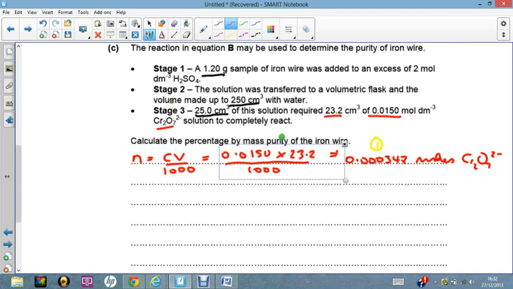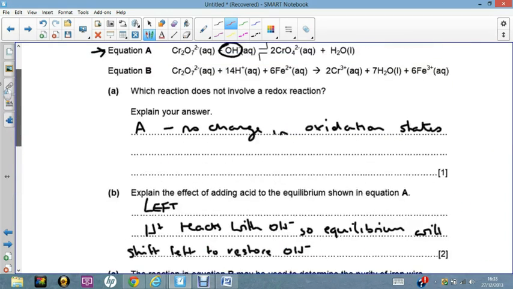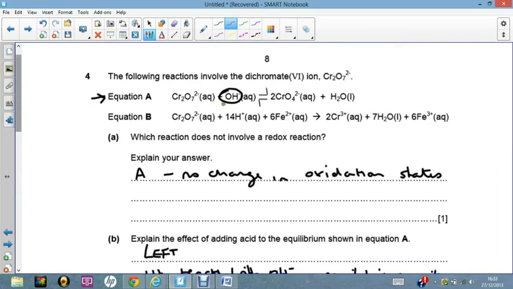Next thing we're going to do is work out the number of moles of iron 2 plus in 25 centimetres cubed. So for that, I'm going to look up here because this is the equation I'm dealing with. There's the iron 2 plus, there's the dichromate, and the ratio is 1 to 6.